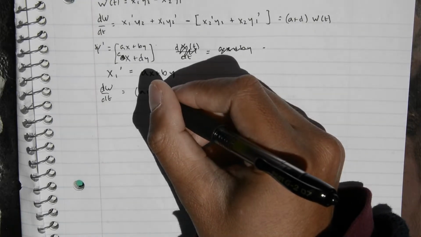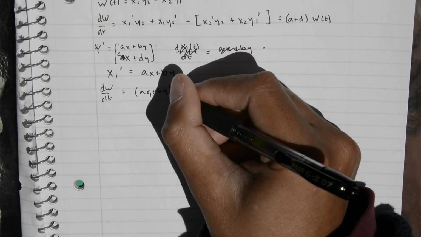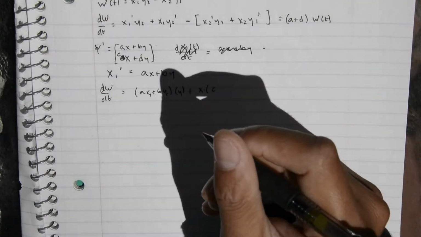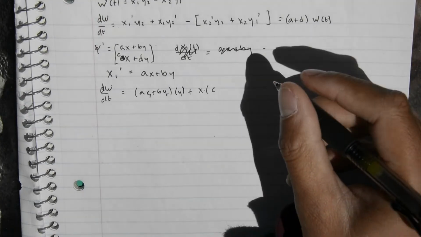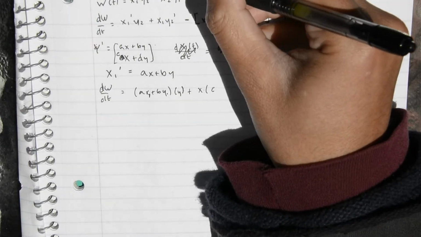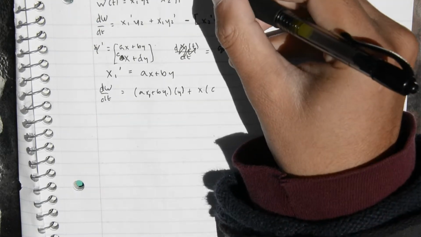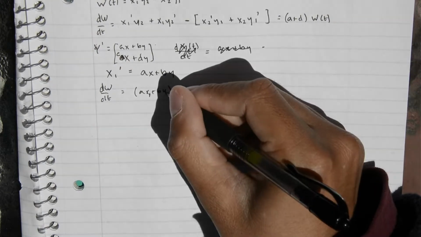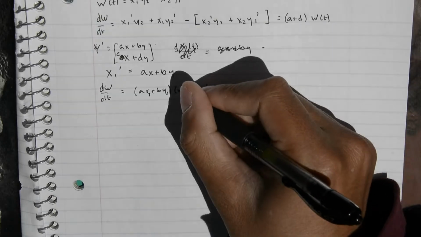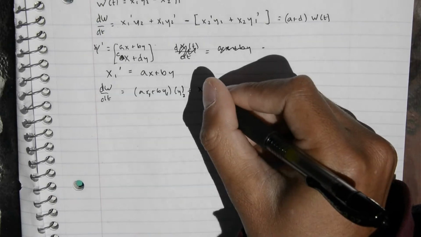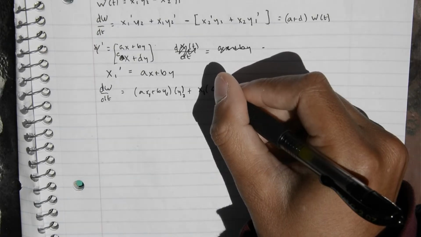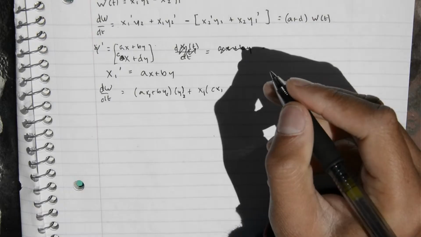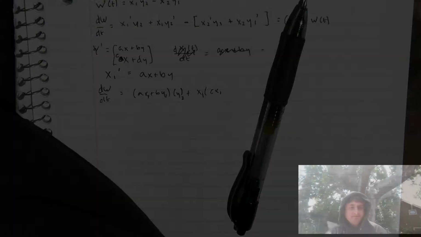Well, do we have to keep track? This is going to be x1, y. Wait, how could you possibly keep track of that? This should be y1, and this is y2. This is x1, this is going to be cx1. Wait, I don't even know. That doesn't even make sense.